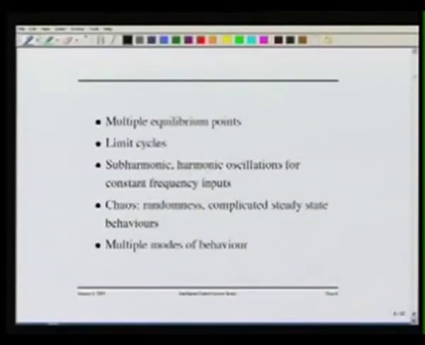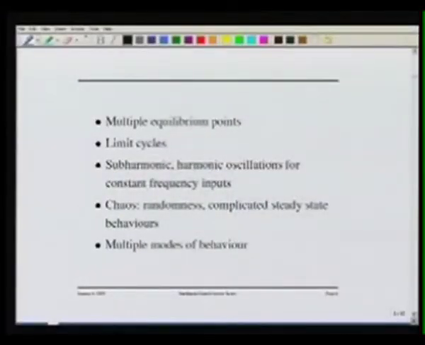and some of these perspectives are summarized here. A nonlinear system has multiple equilibrium points, which we will discuss shortly. It has limit cycles, and if you give a sinusoid signal of a specific frequency, then in a linear system the output will have the same frequency, whereas a nonlinear system may produce subharmonic oscillations or frequencies.